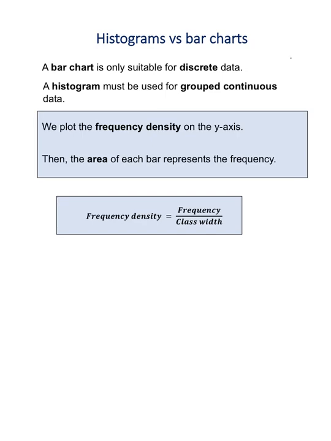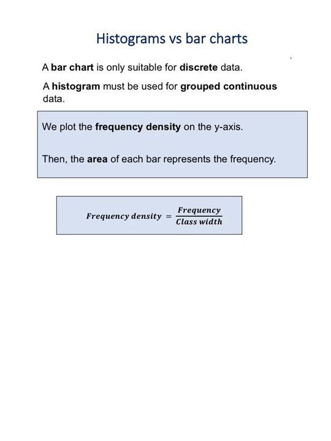Another point you need to be aware of is that a bar chart with equal widths is only suitable for discrete data, and a histogram must be used for grouped continuous data. We plot the frequency density on the y-axis, and the area of each bar represents the frequency. And you need to know that frequency density equals frequency over class width, and we can rearrange this formula.